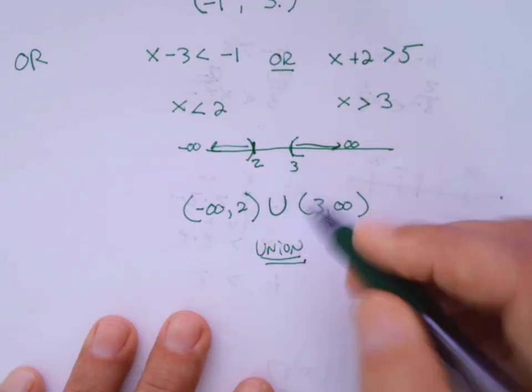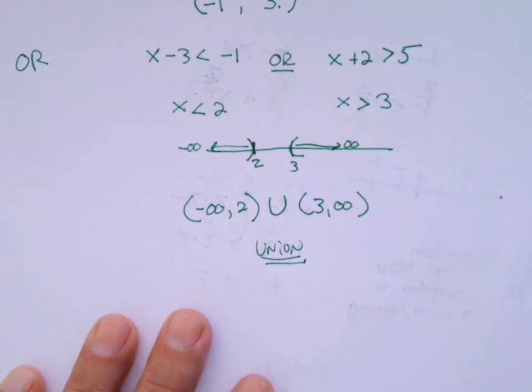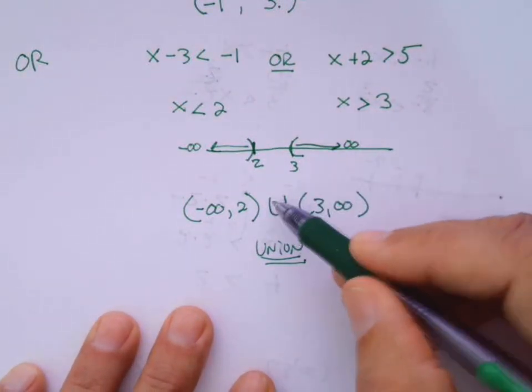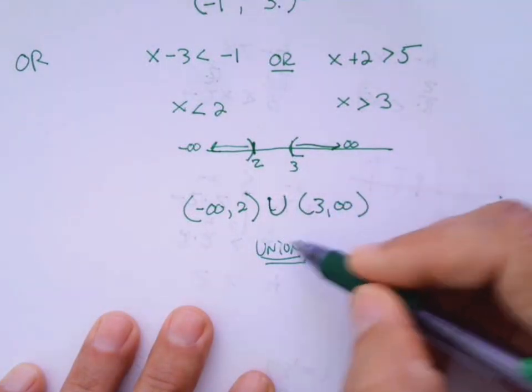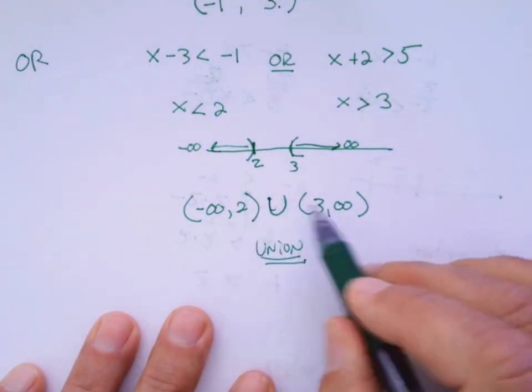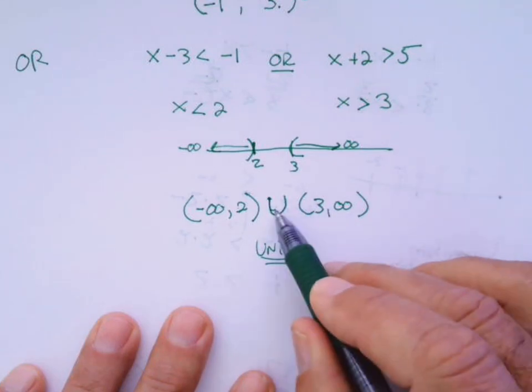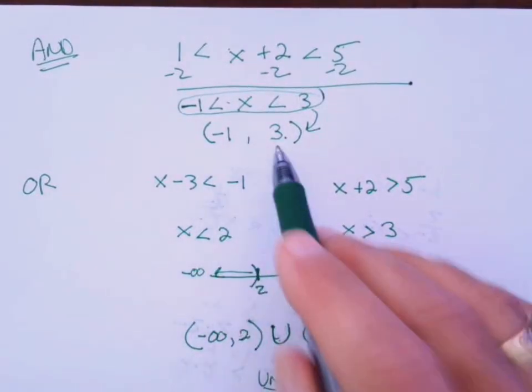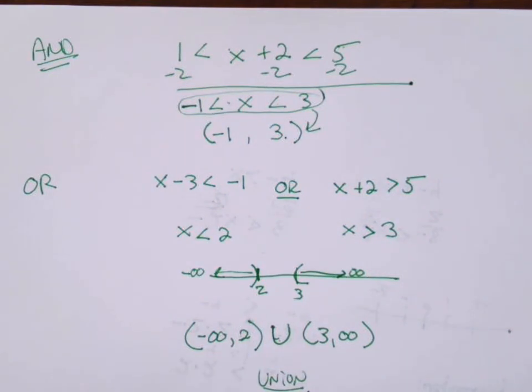And you'll see it on your palette. If you have to type one in, it's not a keyboard U. It's going to be a special symbol U. Stands for union. So or inequalities get joined with a union symbol, and and inequalities typically be bounded on both sides. Okay, so that should be the all of 1.5.